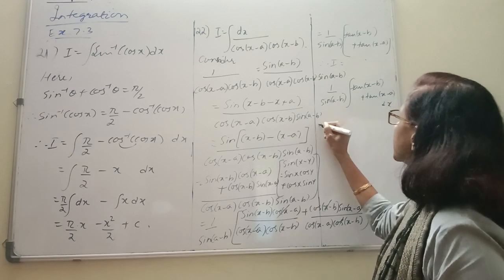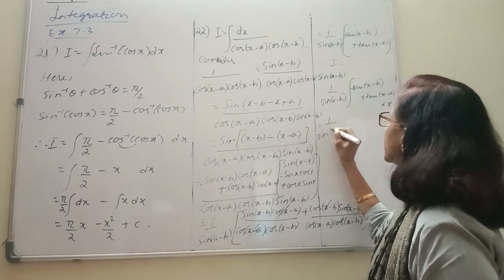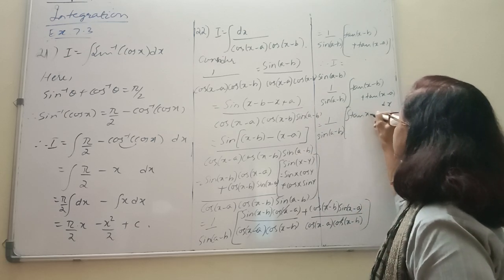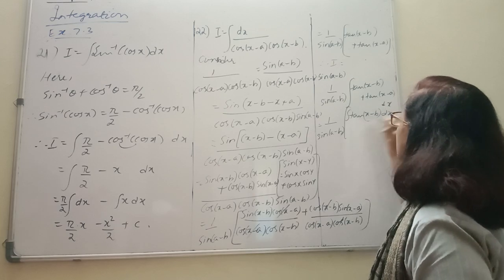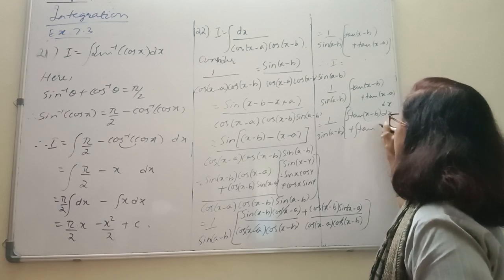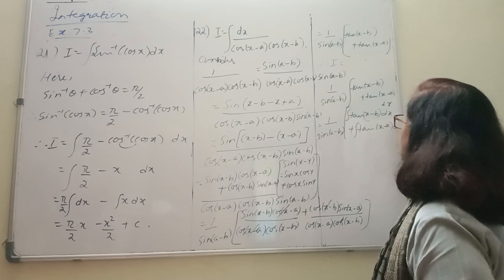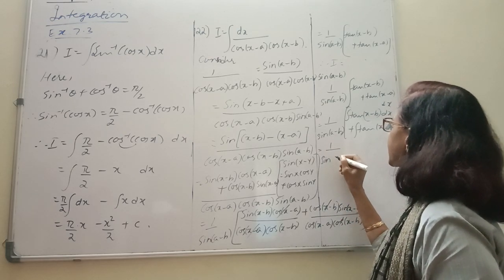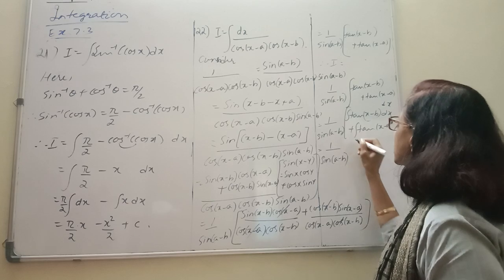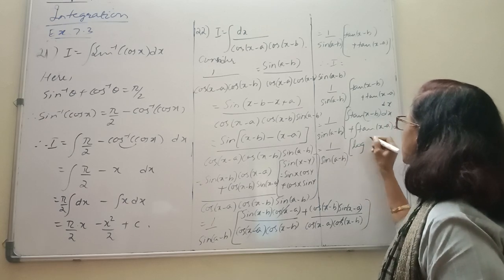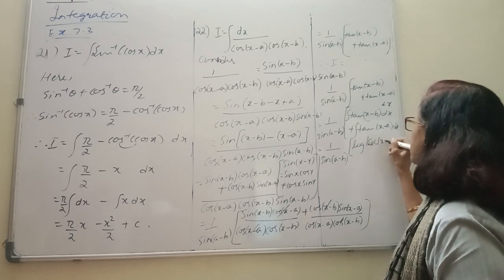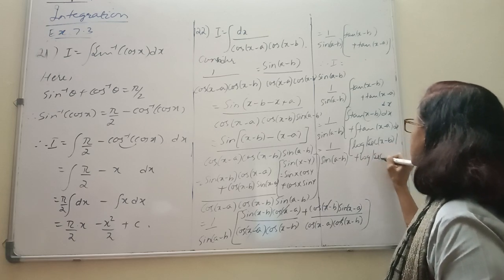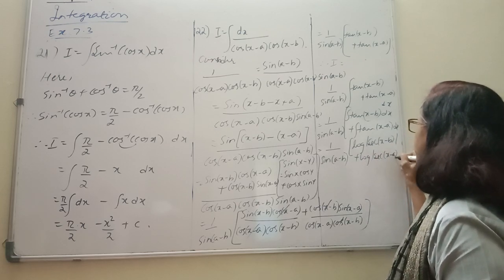We know that the integral of tan is log sec. So this is going to be log modulus of sec of x minus b, and log modulus of sec of x minus a.